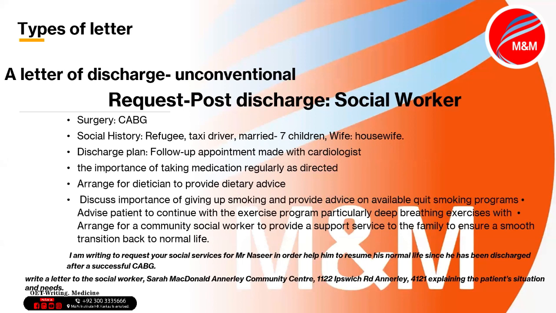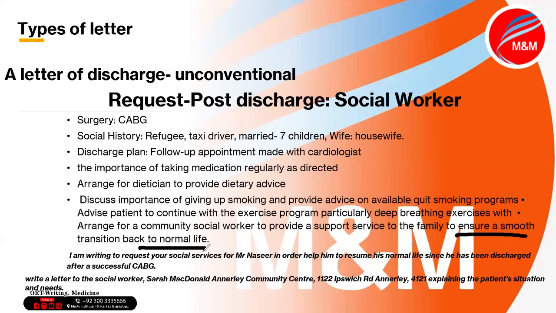Again, it's a kind of unconventional letter of discharge. Although you can see that the patient had this surgery, like cabbage surgery. He is a refugee, taxi driver, married with 7 children, housewife, discharge plan with cardiologist. That might not be that much important. But you can see the last line is being written to ensure a smooth transition back to a normal life.